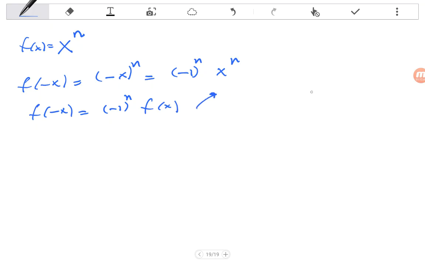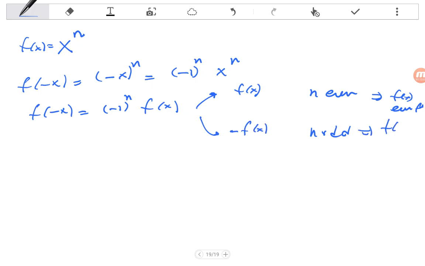This means that for n even, negative 1 to the power n will be exactly 1, so we get f of x itself. So in this case, f of x will be an even function. For the case of n odd, negative 1 to an odd power will be negative 1, so the result is negative f of x.